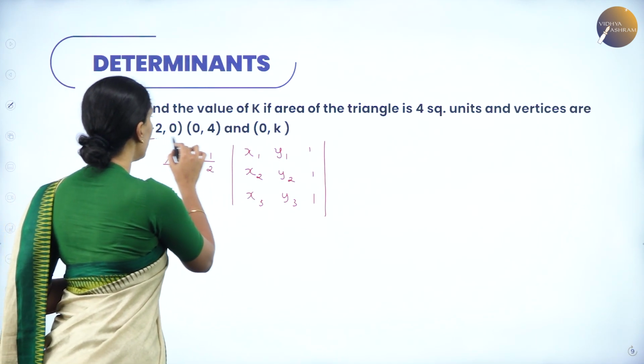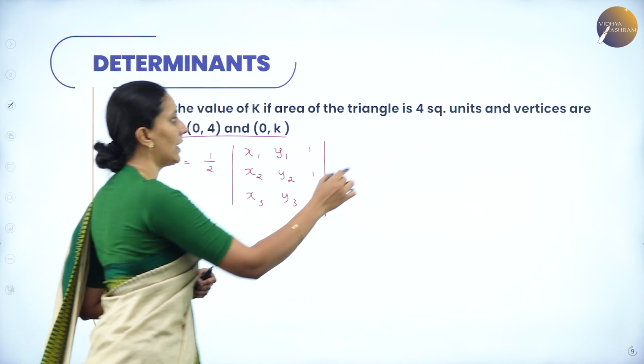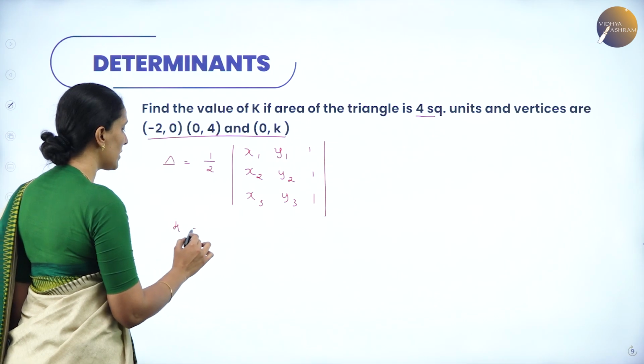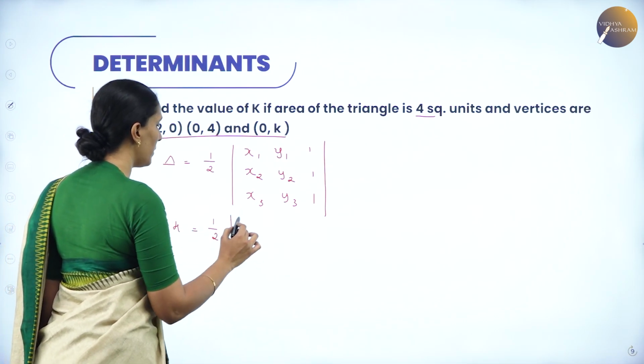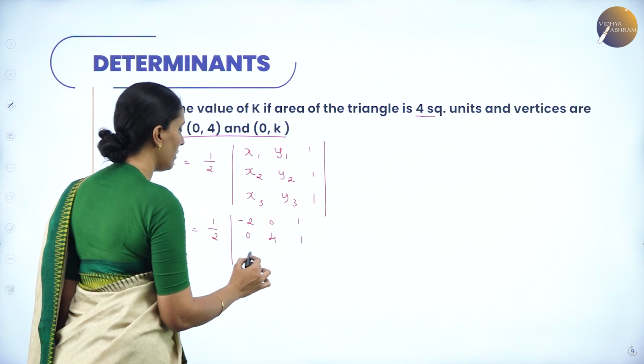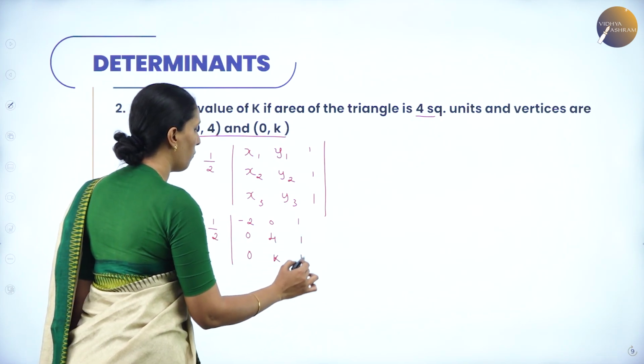Here they have given the vertices and also delta, that is 4. So we write 4 is equal to 1 by 2, determinant of minus 2, 0, 1, 0, 4, 1, 0, k, 1.